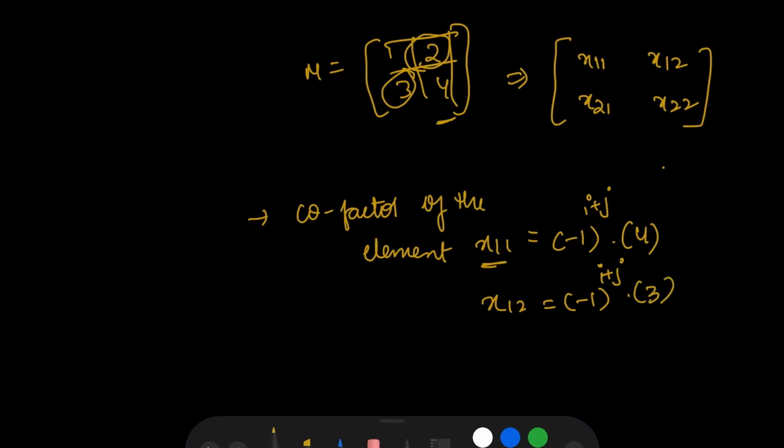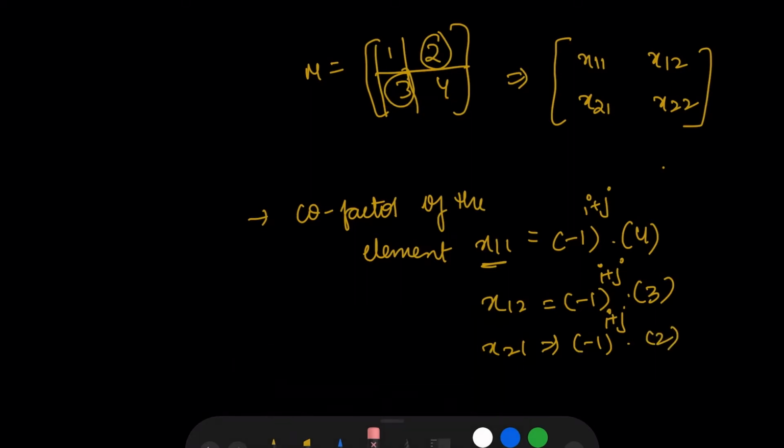Similarly, for this element 3, we'll have to ignore the second row and the first column, because this element 3 is in the second row and first column. So the cofactor of x21 will be equal to minus 1 raised to the power i plus j times, here the minor is 2, so into 2.